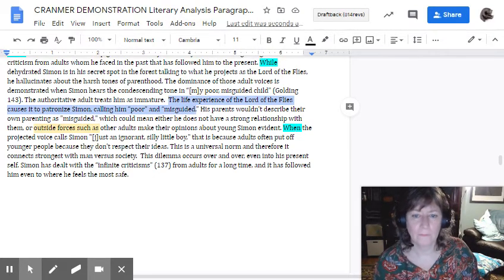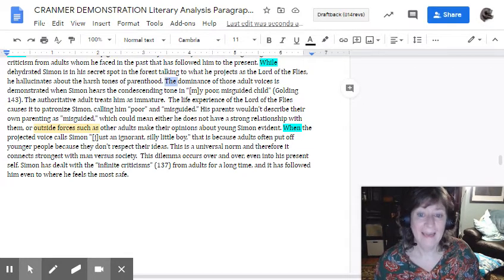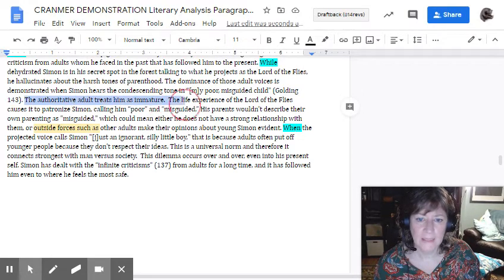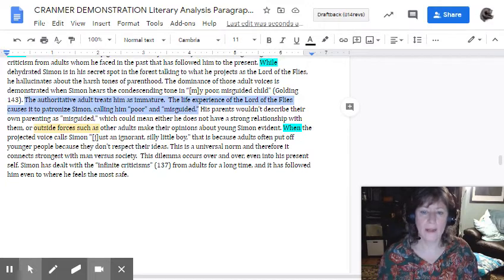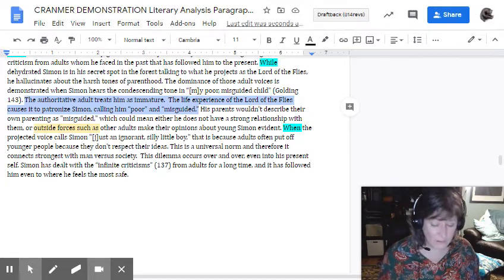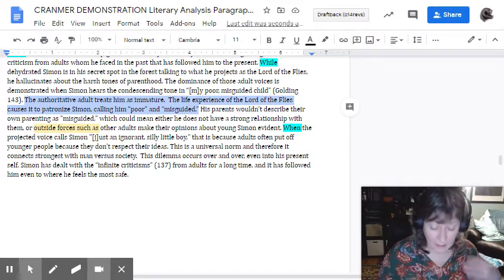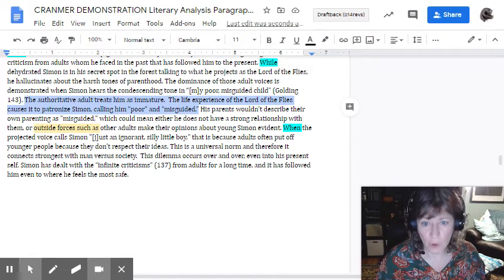However, we have a new problem. This sentence starts with "the," this sentence starts with "the," and this sentence starts with "the." At the very least, we could put these two sentences together using one of our writing strategies. We need to vary our sentence structure and not have the same strategy repeated over and over again.